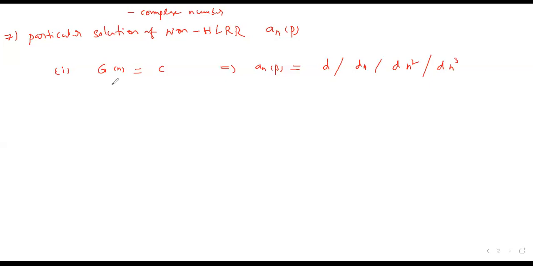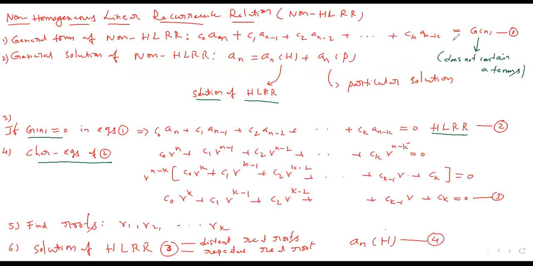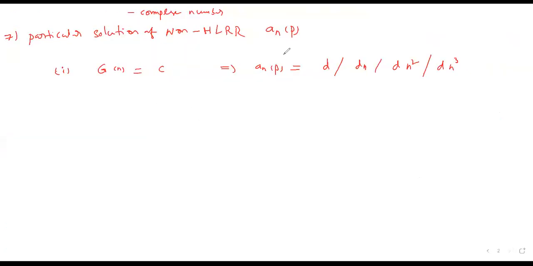Once again, I am telling you, suppose gn means the right side part. You can see in equation 1. All of you see equation 1? In step 1, equation 1, gn is already there. The right side part is a function in terms of n, gn. Suppose this gn is constant. At that time, the particular solution an of p is a constant.